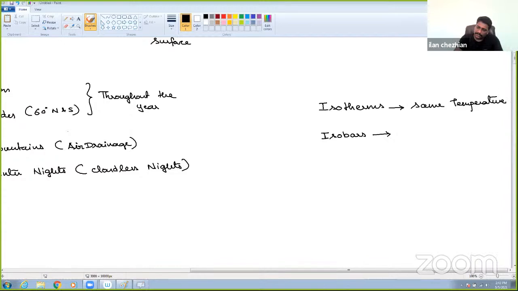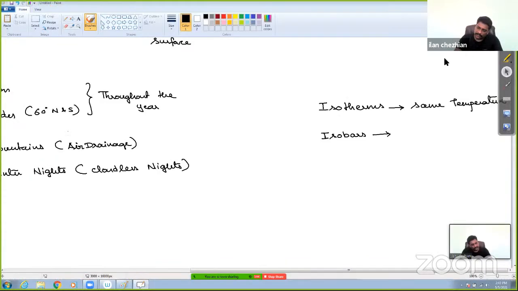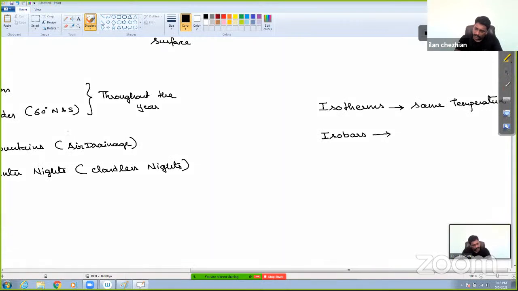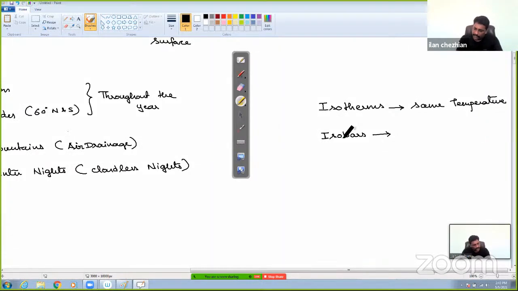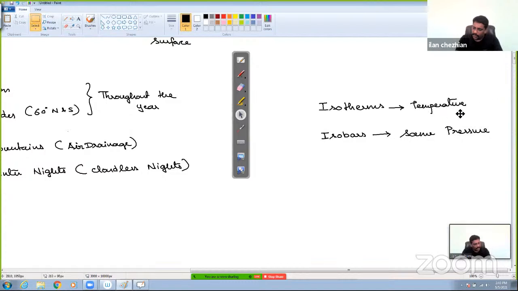Pressure, my friend. So this is for the places joining same pressure. Even this word, the same you can take it because you know it is same. Only temperature and pressure you can retain, my friend. Isobars is for pressure.